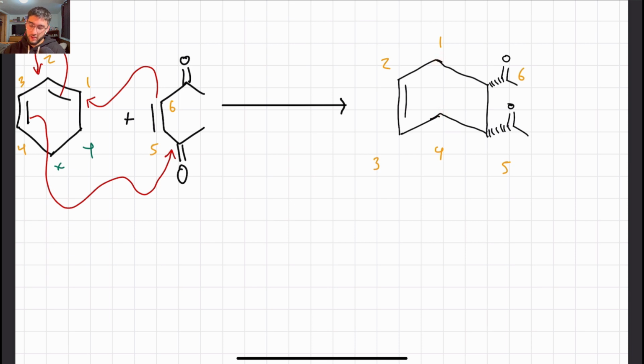How I like to draw this, it's going to look a little weird, but similar to the tent, we're going to draw a line up, and then connect carbon 1. So now we know carbon X is going to be the one touching carbon 4. So carbon X is this one right here. Then we have Y touching carbon 1. So Y is touching X and 1, and X is touching 4 and Y.